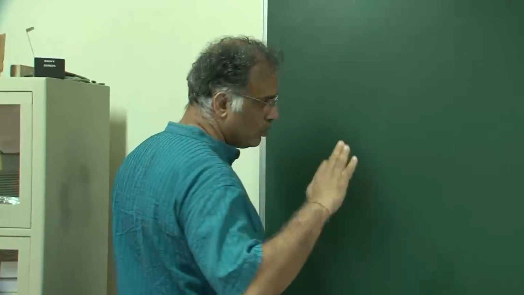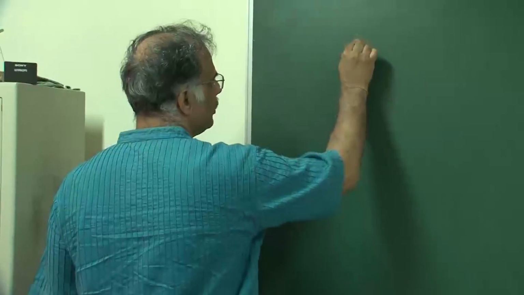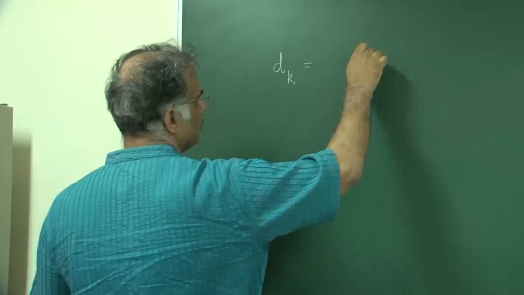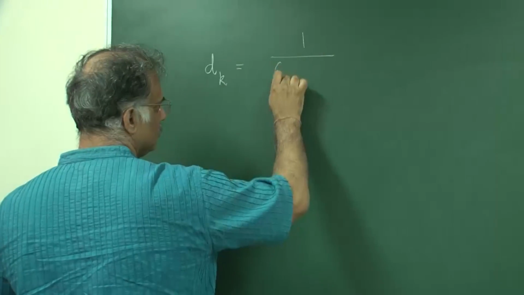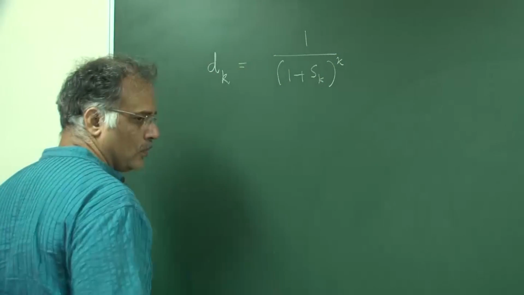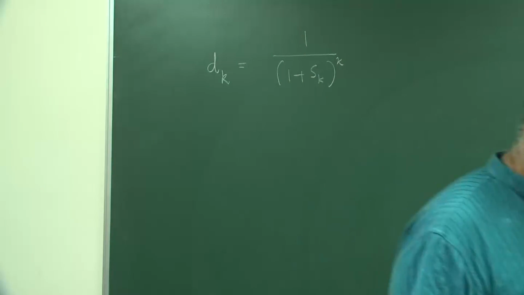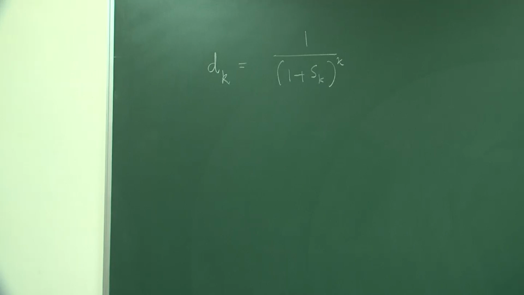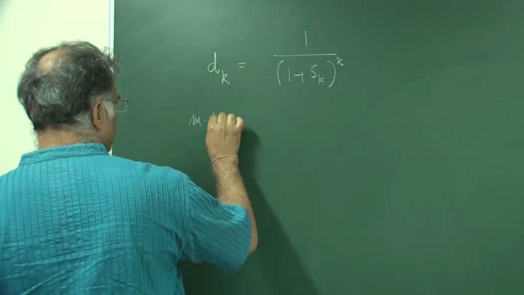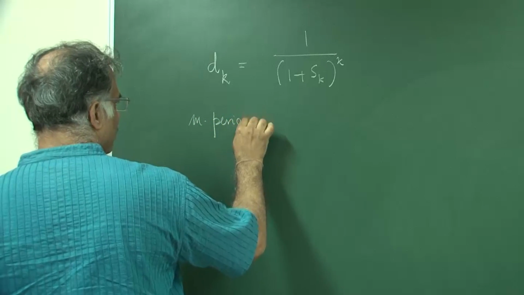Of course, we are only making one yearly quote. So, the discounting factor for the kth year is, again, the discounting factor when you do m periods compounding.